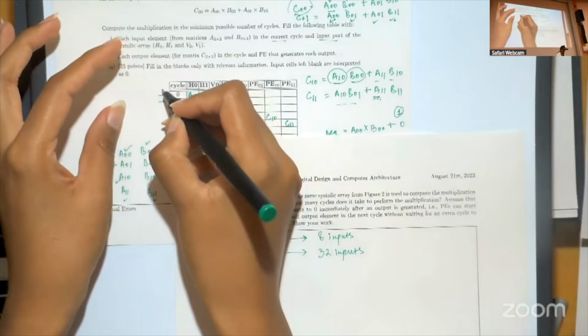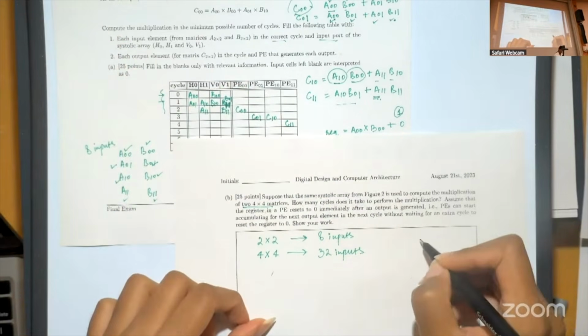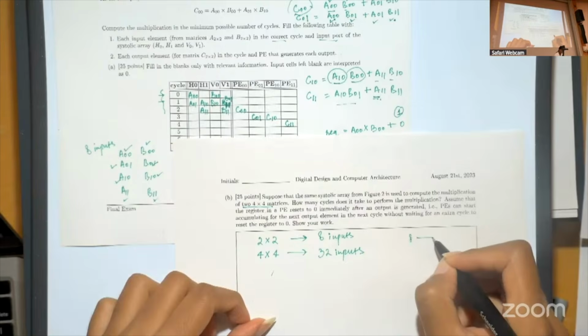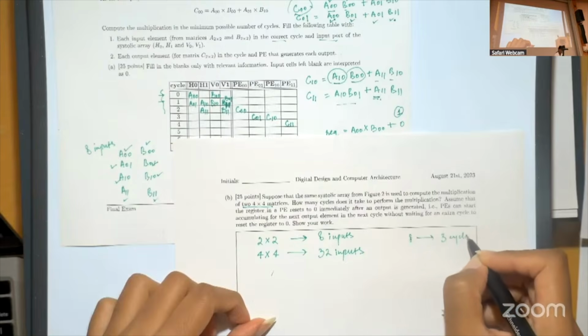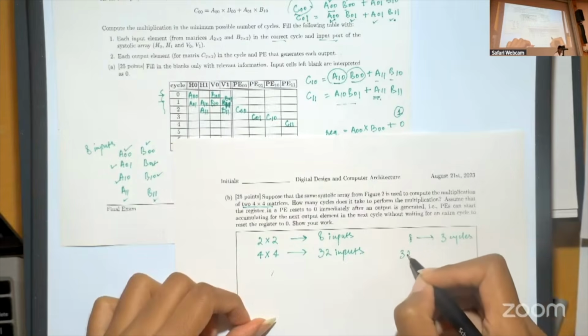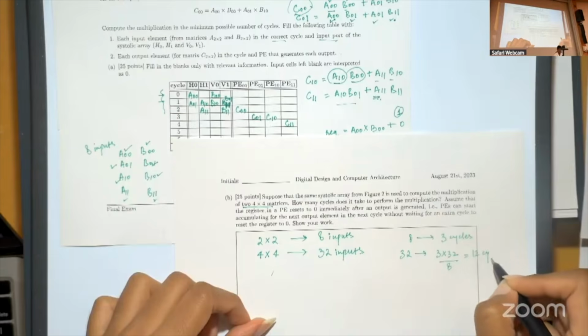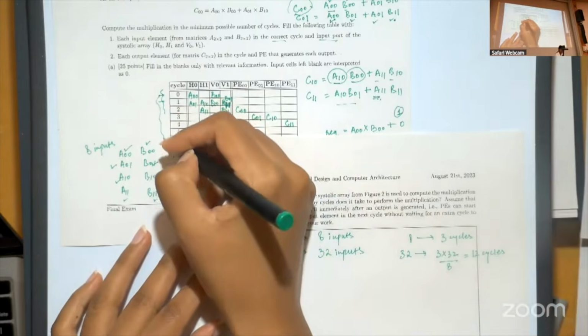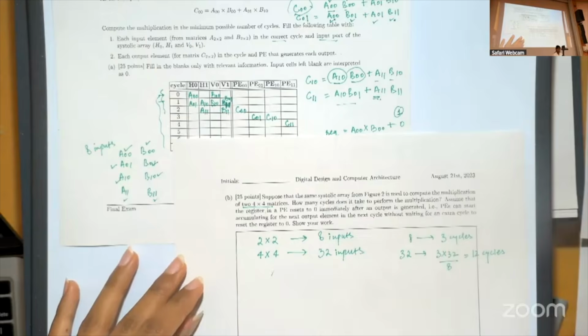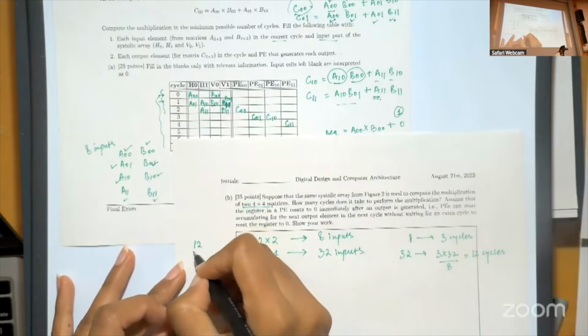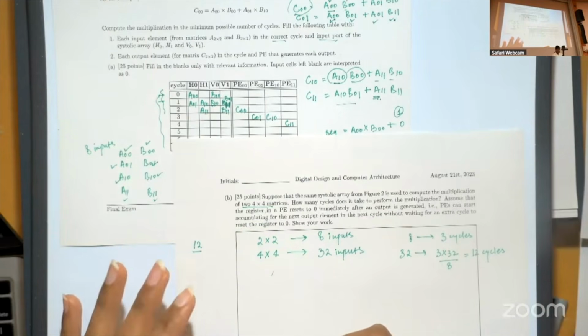It took us 3 cycles, right? So here we can see that 8 inputs took 3 cycles. Then 32 inputs will take 3 times 32 by 8, that is 12 cycles. So 12 cycles will be required just to supply the inputs. So let's write 12. This is the first thing.